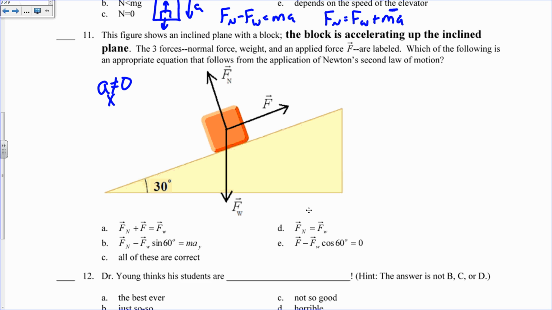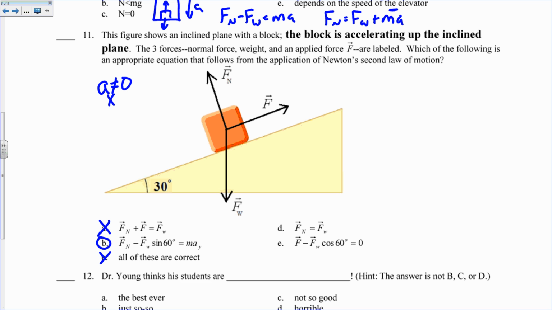All right, so I have Fn plus F equals Fw. Oh, sorry. Fn plus F equals Fw. Okay, that's not true. Fn minus Fw sine 60 equals MAY. Okay, that is true. I think I actually have 2 correct answers on this one.